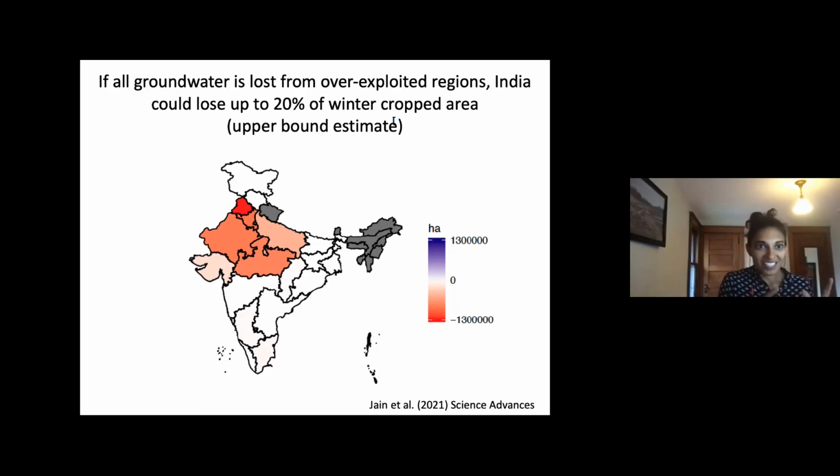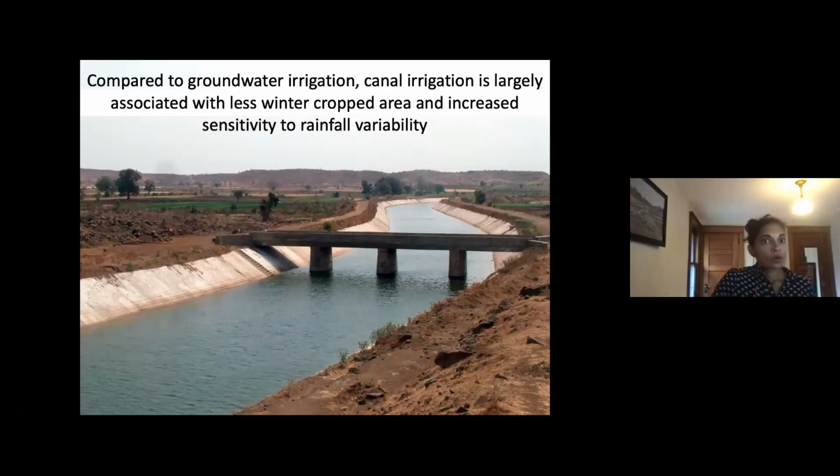So based on those discussions, I then wanted to analyze at the national scale what the impact would be if farmers transition to using canal irrigation. So we took our remote sensing estimates of area and linked that with data we got from census statistics on the amount of area under groundwater versus canal production across all of India at the village scale.